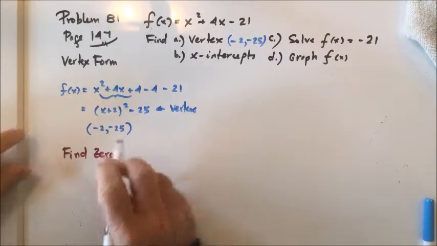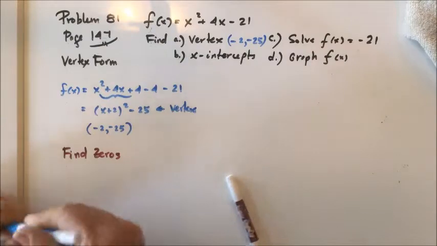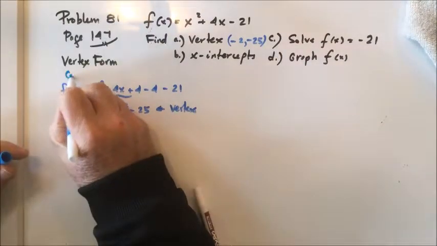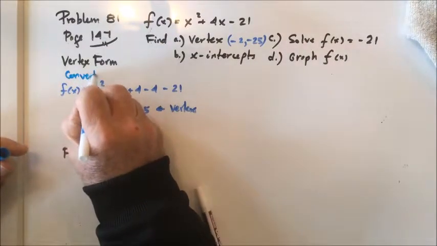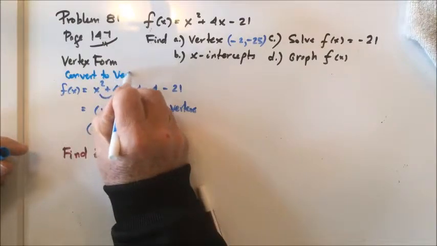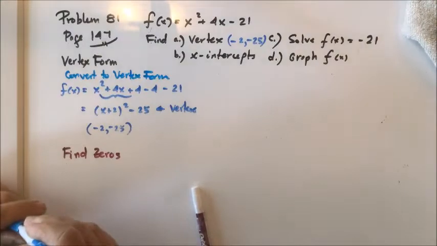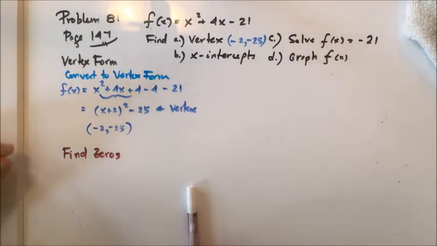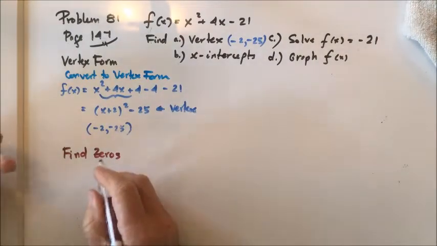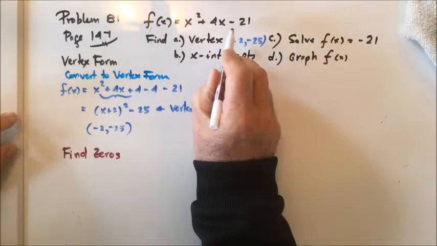In this case, we're going to call this blue convert to vertex form. And I'm going to call this purple color finding the zeros. And of course, I can do that a couple of ways.